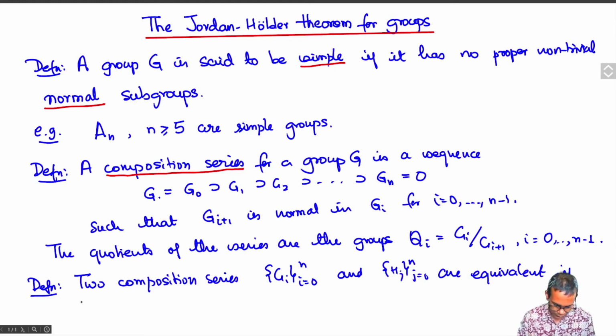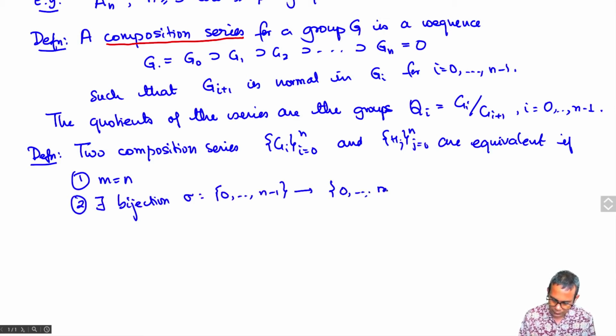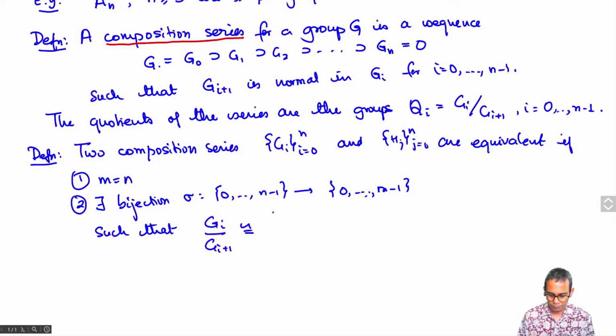If firstly m is equal to n, and secondly there exists a bijection sigma from 0 to n minus 1 onto 0 to m minus 1 such that G_i mod G_{i+1} is isomorphic to the group H_{sigma(i)} mod H_{sigma(i)+1}.